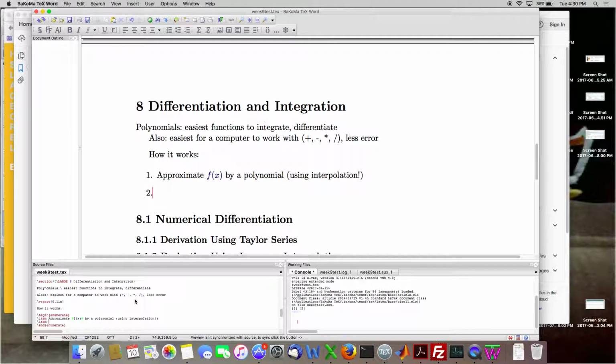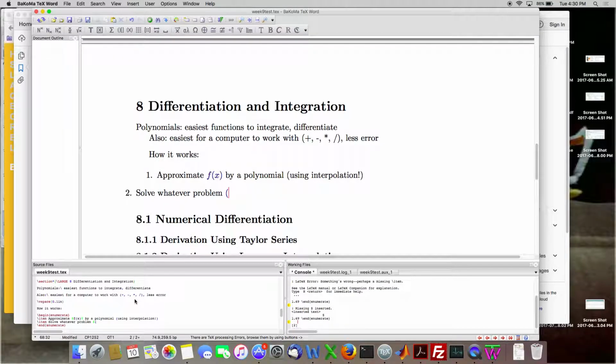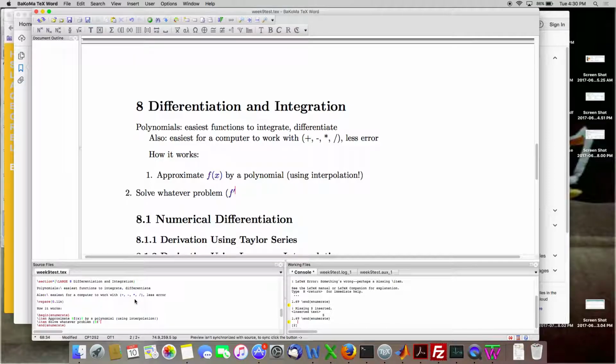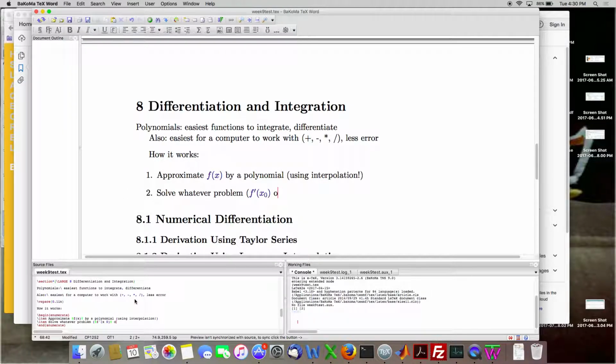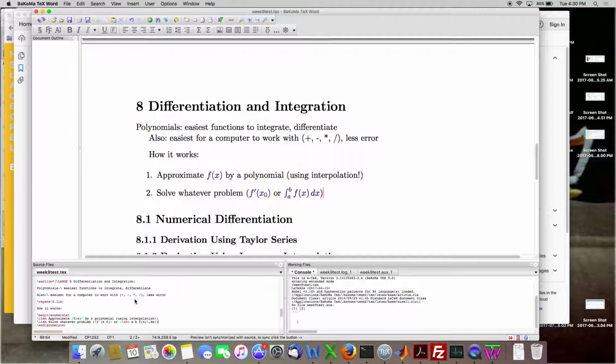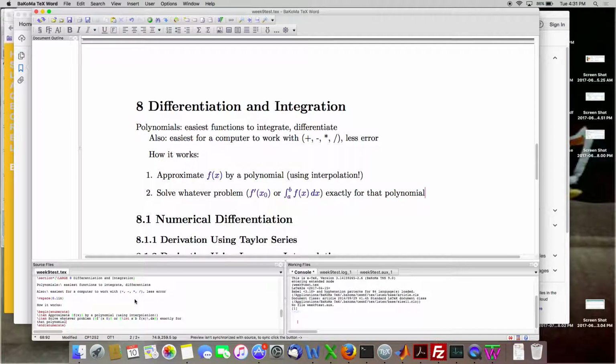And once we have a polynomial, solve whatever problem, and by that I mean computing f prime at x naught, or computing the definite integral of f on some given interval ab, because for whatever polynomial you're using to approximate f, you can go ahead and solve a problem exactly.